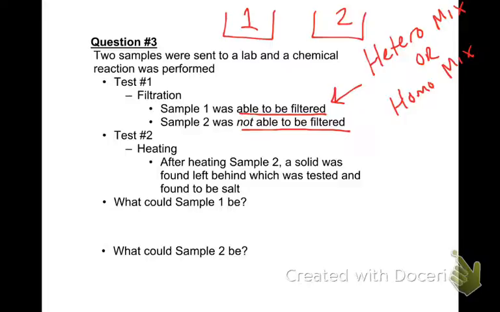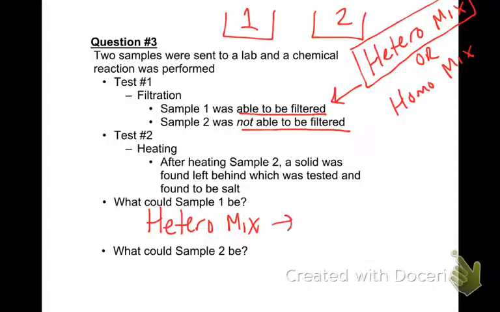So therefore, if it's able to be filtered, only one of these types of mixtures is able to be filtered, and that would be our heterogeneous mixture. So sample 1, right off the bat, is a heterogeneous mixture because it's able to be filtered.